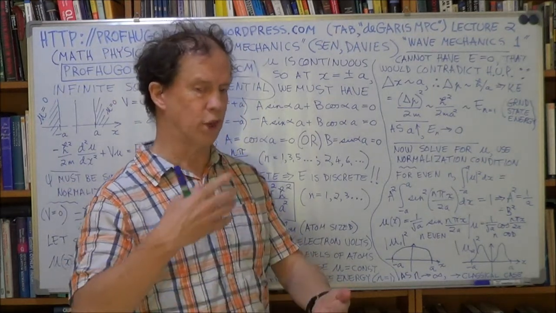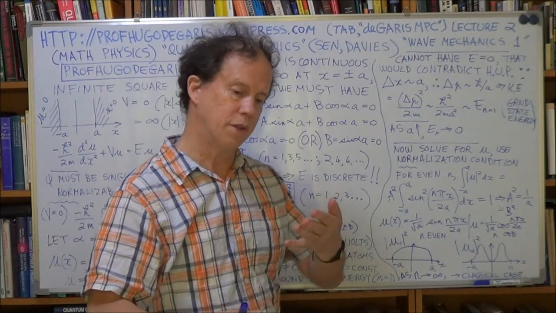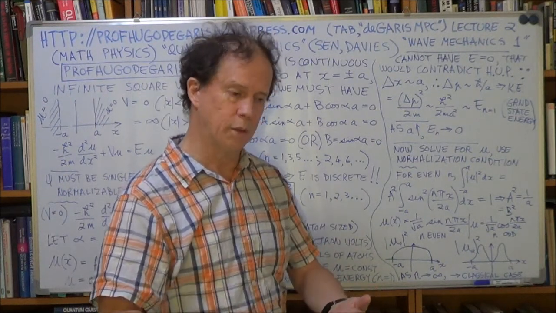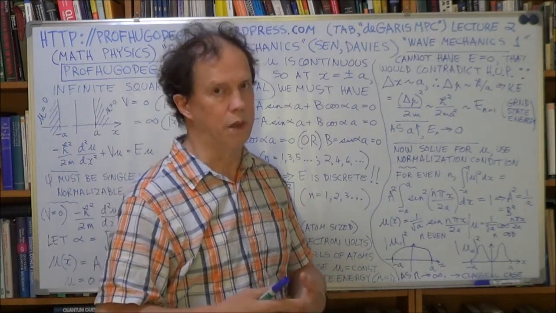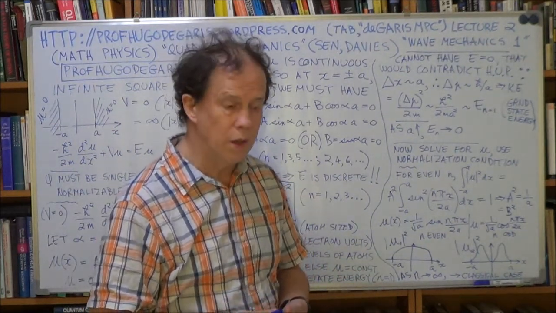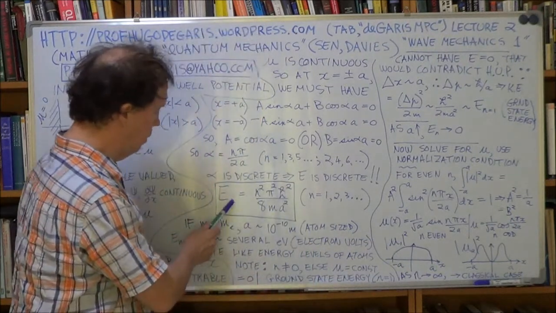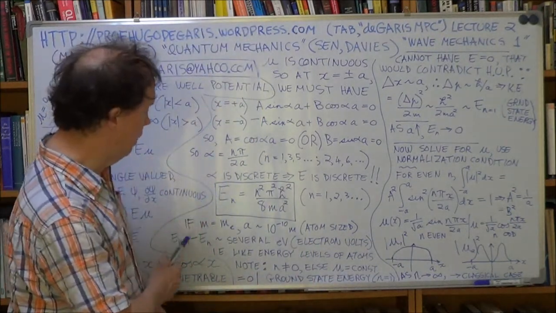So there needs to be a kind of correspondence between the predictions of quantum mechanics and classical mechanics. That tends to happen, for example, when you let Planck's constant go to 0, or you let n, for example here, become a very large number.